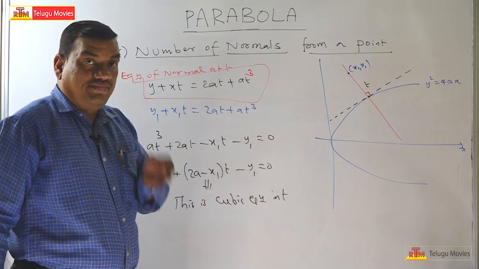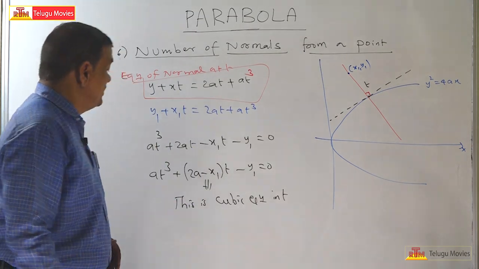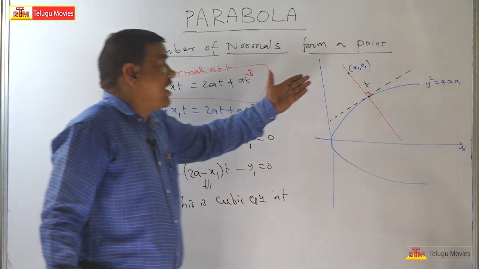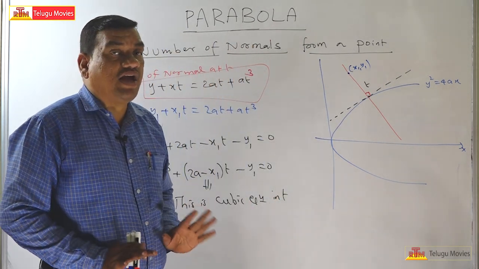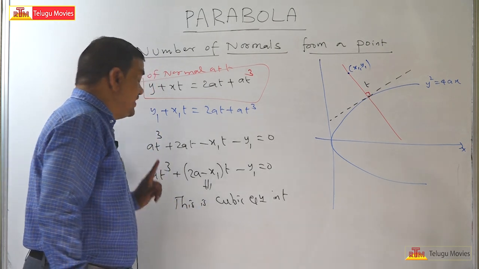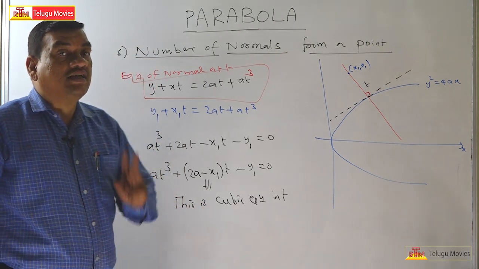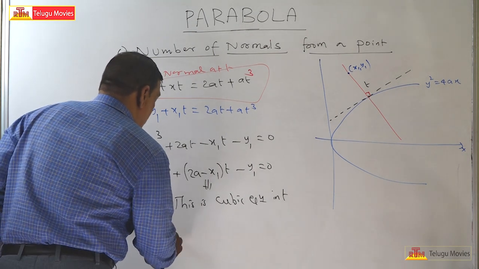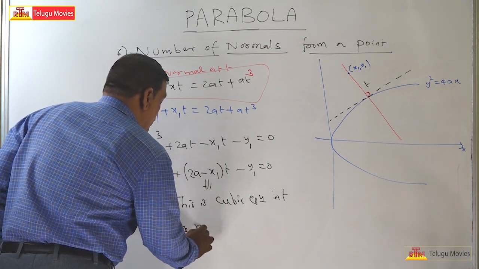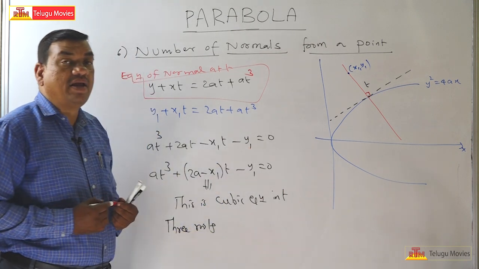Why? Because we have taken a fixed point. That means whatever may be the value of x1 and y1, this equation has three roots. These three roots may be real, may be imaginary.